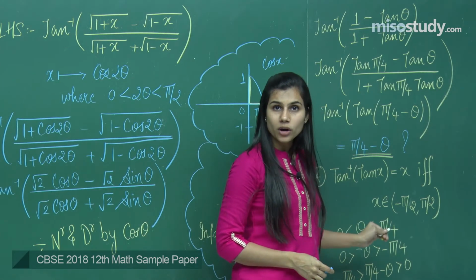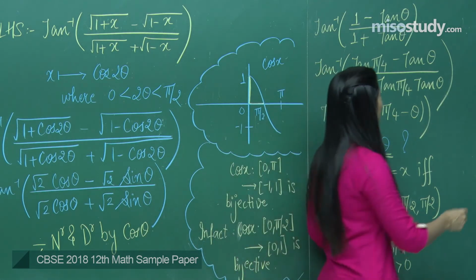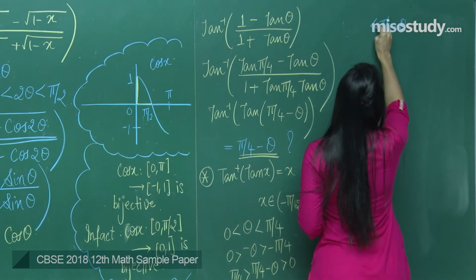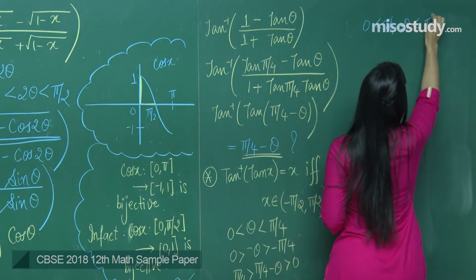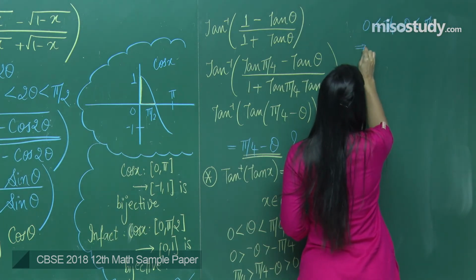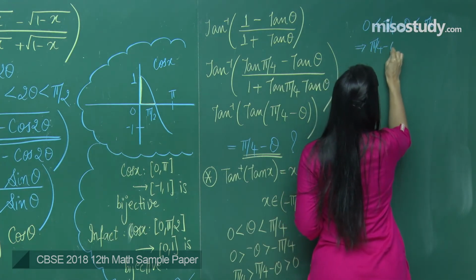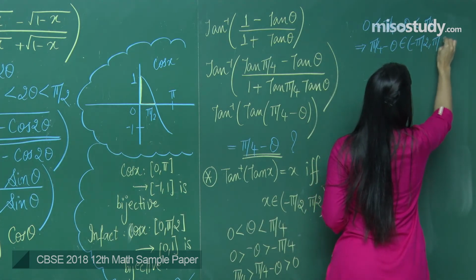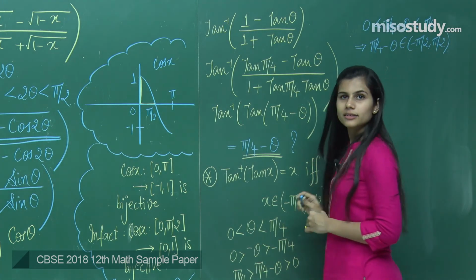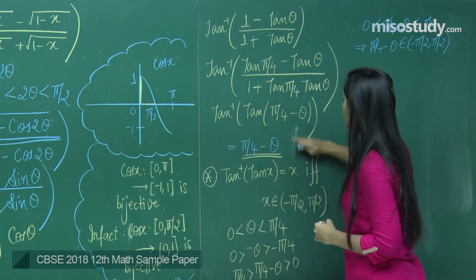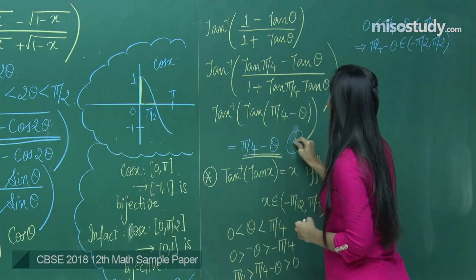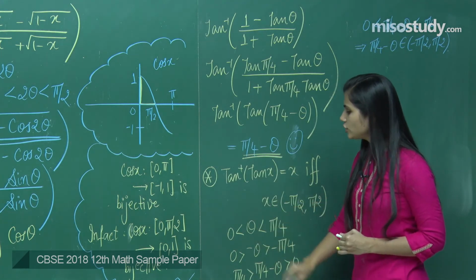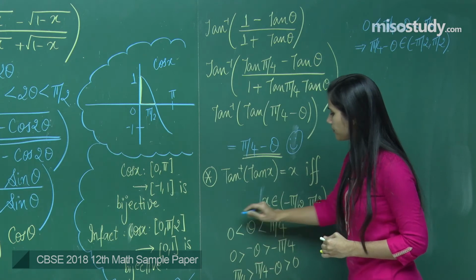And that means what? If pi by 4 minus theta is ranging from 0 to pi by 4, this clearly means pi by 4 minus theta belongs in the principal domain of tan. And that is why there is no question over here. You can very well write it like this because the condition is being met.